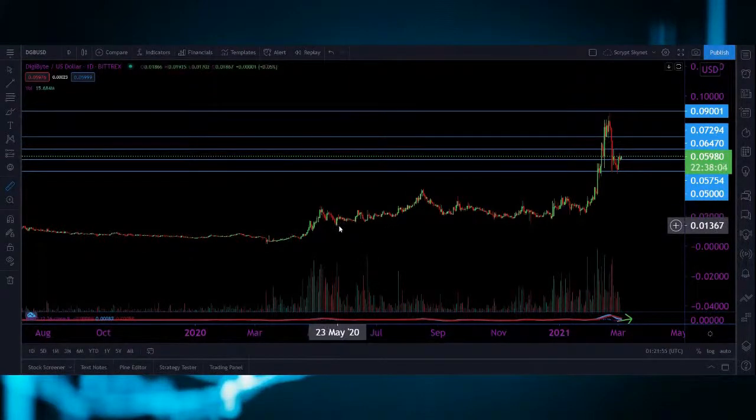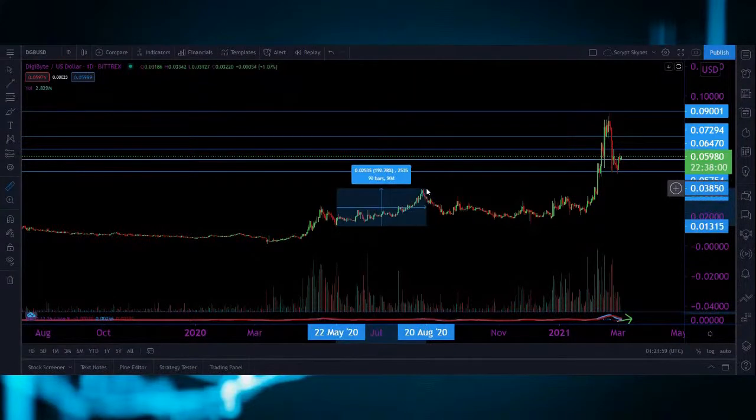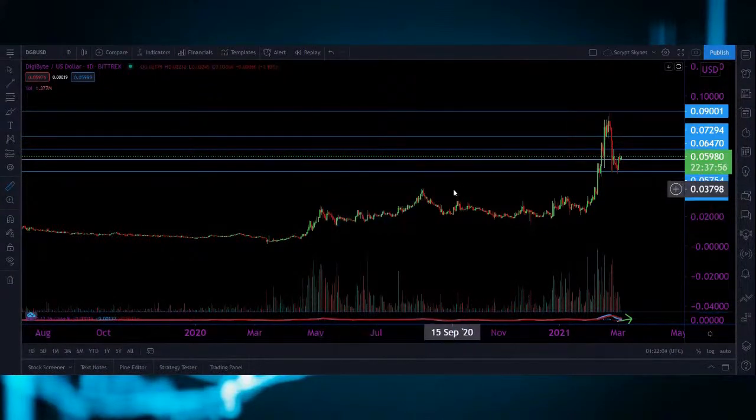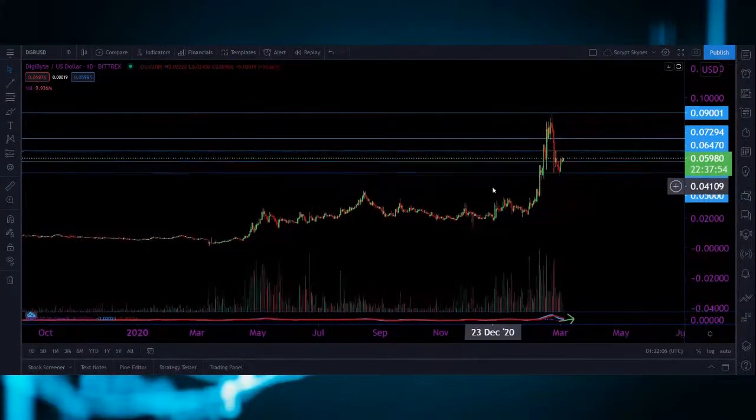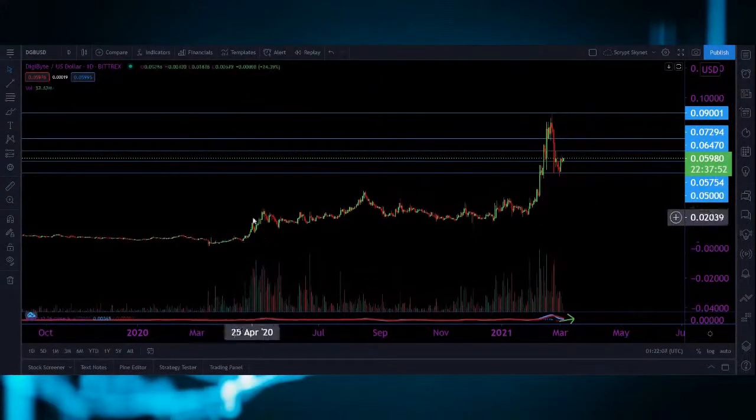Over here, let's see, it broke. Let's go from this low up here. That was another 196%. So not quite as big as this, but definitely significant afterwards, right?